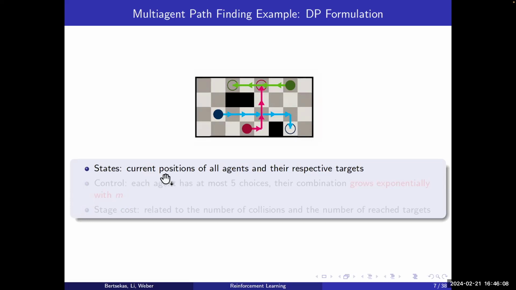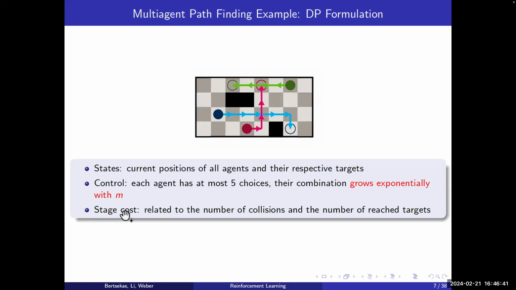And in this case, it's the current position of all agents and their respective targets. And for the control, at each time instance, each agent has at most 5 choices. So their combination would be the actual control in this problem.